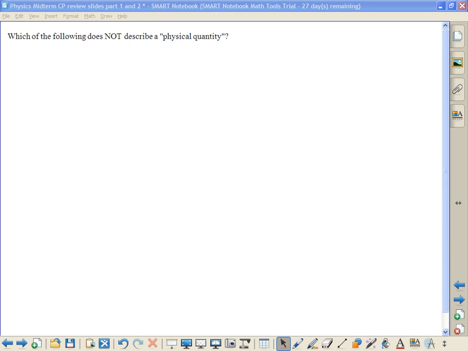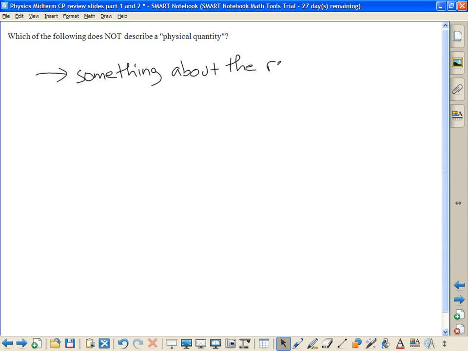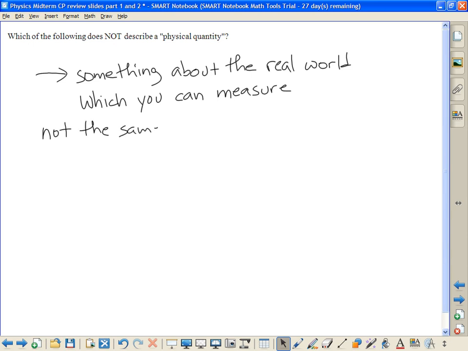Here's the definition. A physical quantity is something about the physical world, the real world, which you can measure. As distinguished from, okay, this is not the same as a unit of measurement.